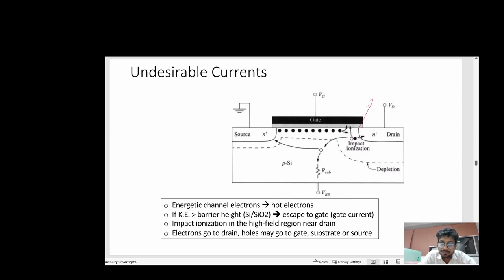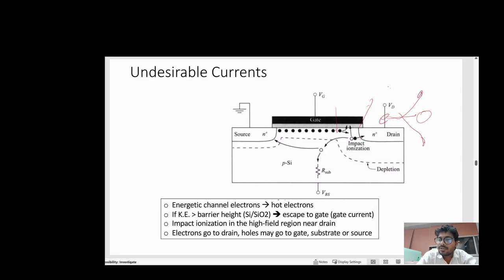Now, another thing is, the electric field is very high, right? So the electrons, because of the collision with the atoms, can, let us say this is the atom, electron is coming, it can collide with this one and can go in any direction, right?